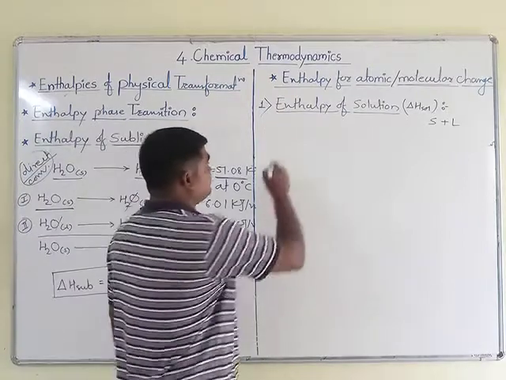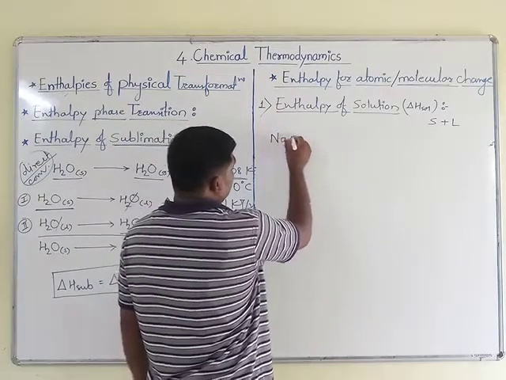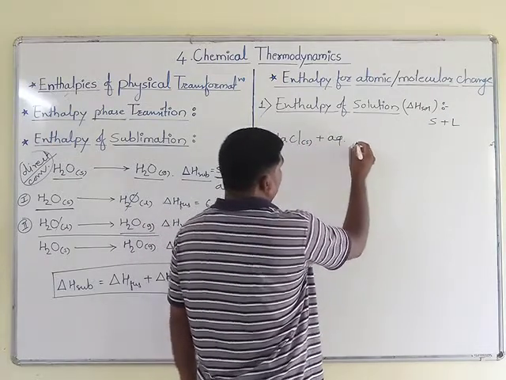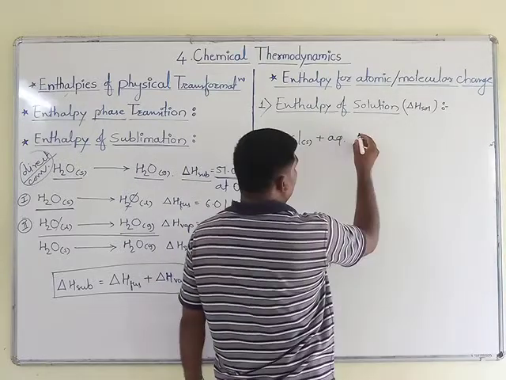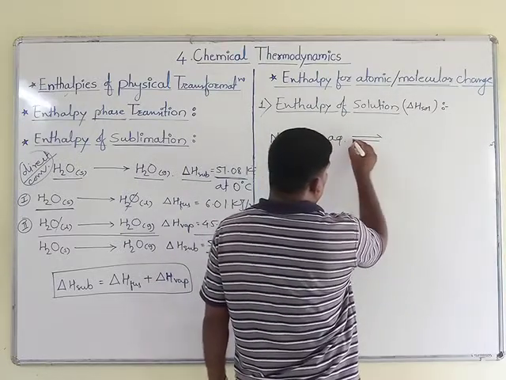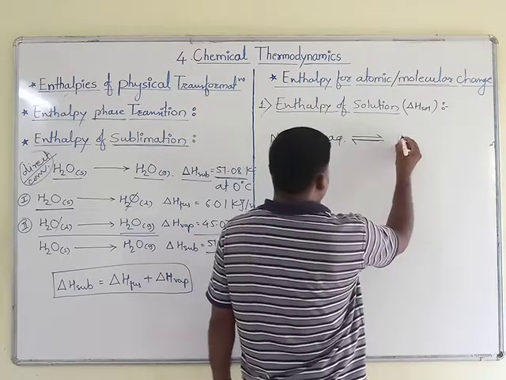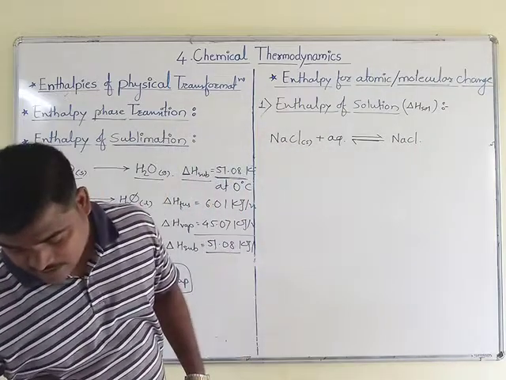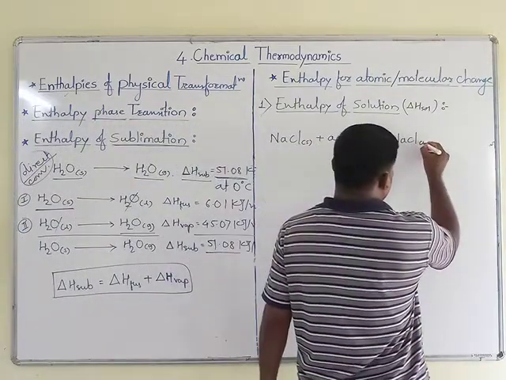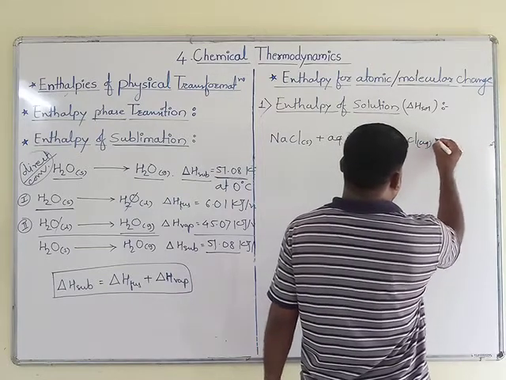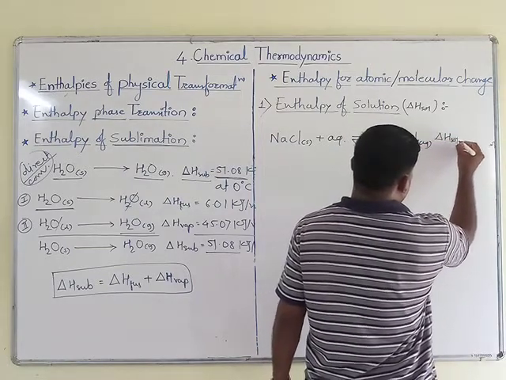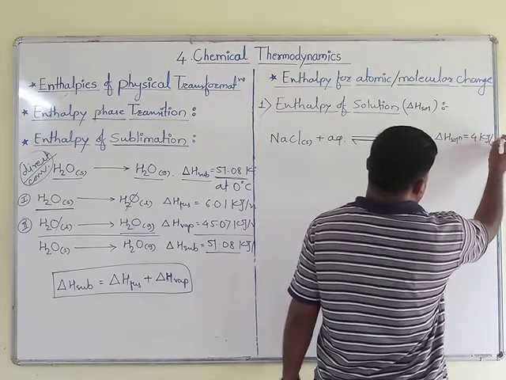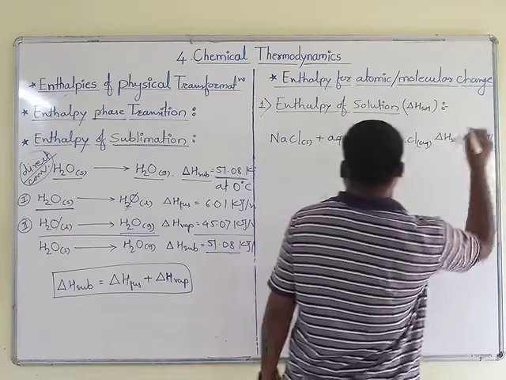NaCl, which is in solid state, when it dissolves in aqueous solvent, a reversible process takes place: NaCl solid gives NaCl aqueous, and the enthalpy of solution for this conversion will be 4 kilojoule per mole.